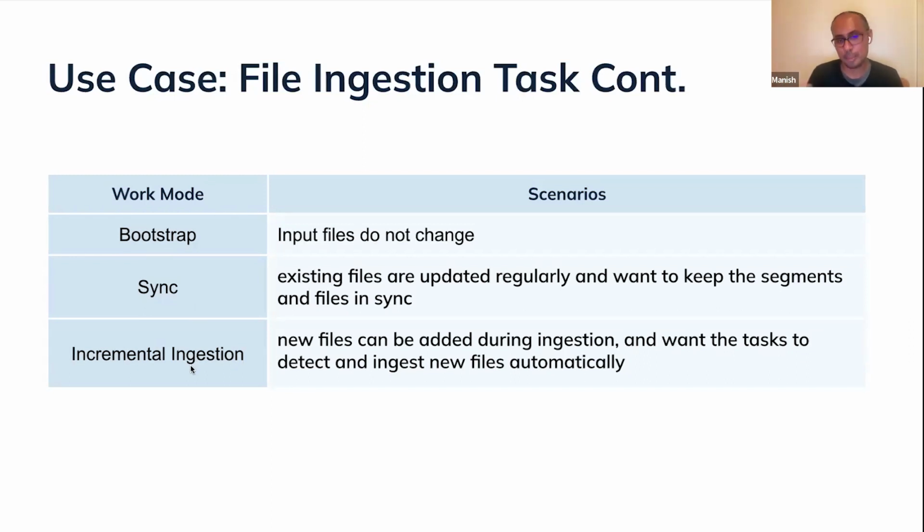There are appends. New files are added, and the task detects those new files and ingests them automatically. So these are some modes and scenarios that our customers use this ingestion task for. That's one example of a file ingestion task, the Minion task that we built.